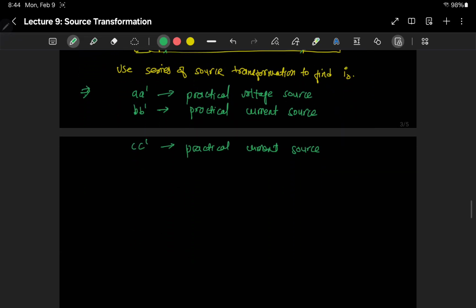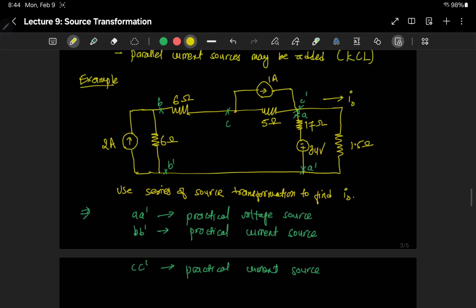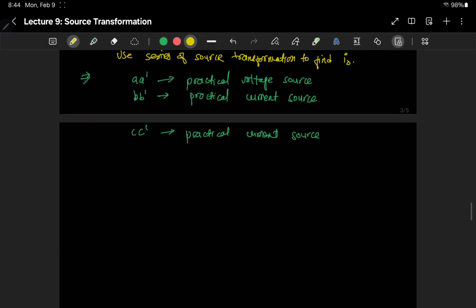So if we do repeated transformations between these, we can solve the problem. So let's try to convert this current source into a voltage source first.